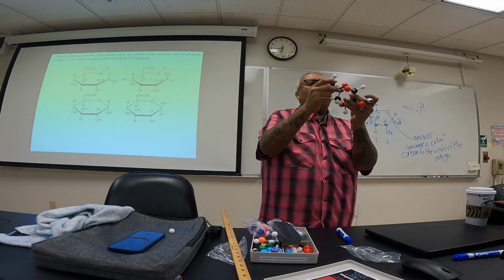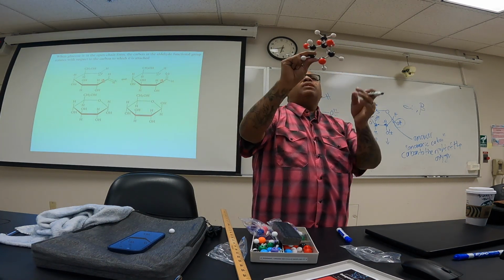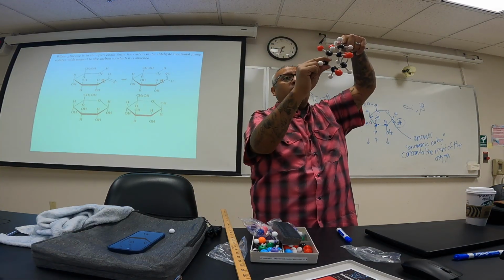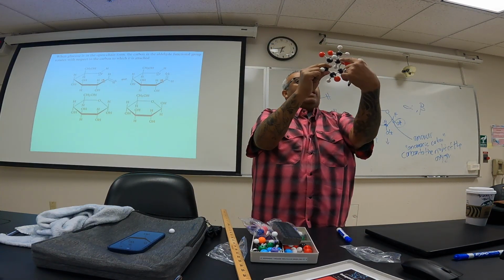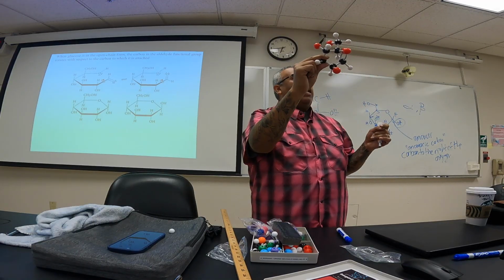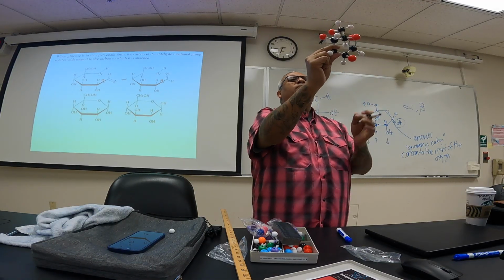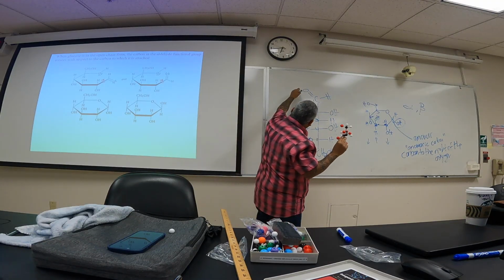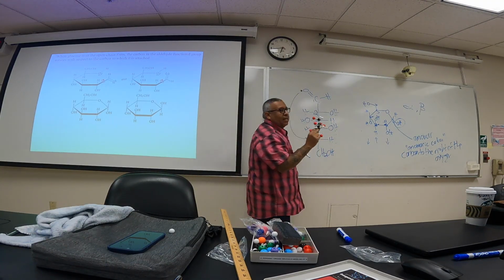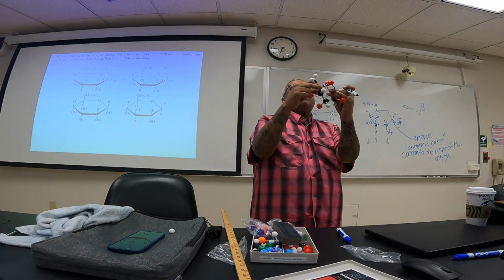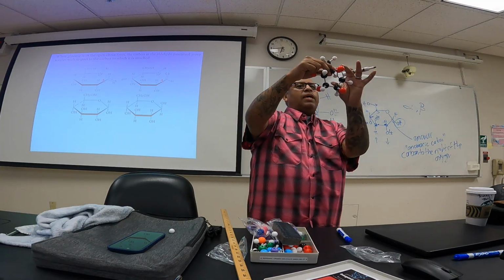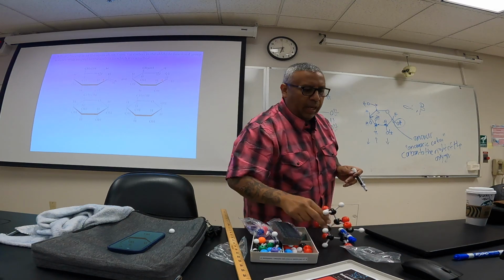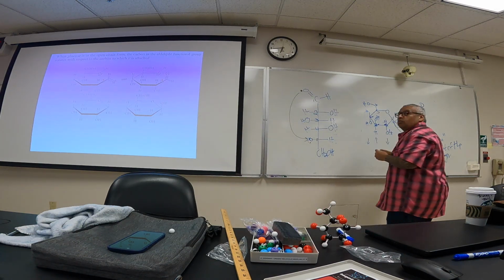If I just hold it like this, we can see it's touching carbon number 5. Carbon number 5 and that oxygen are touching, and this is how that ring closes. Because it's so close together, it ends up connecting there and making that bond. And so we get this closed structure here.